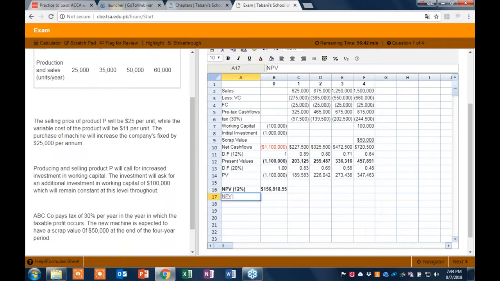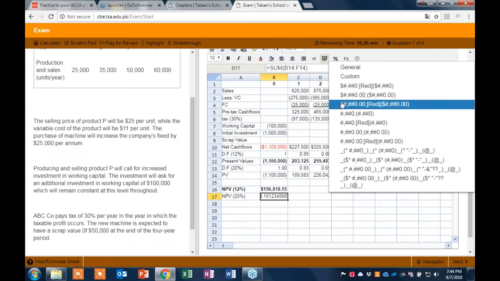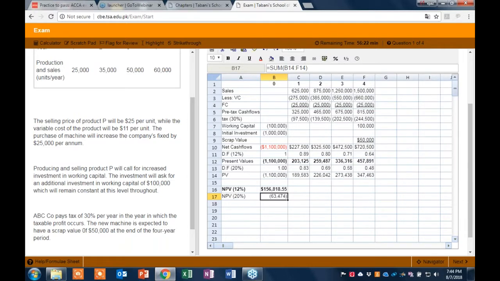Now we will calculate another NPV at 20%. Apply the sum formula to all these cash flows. Okay, we've got the negative NPV.